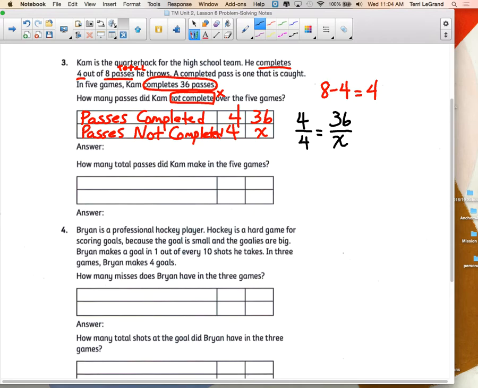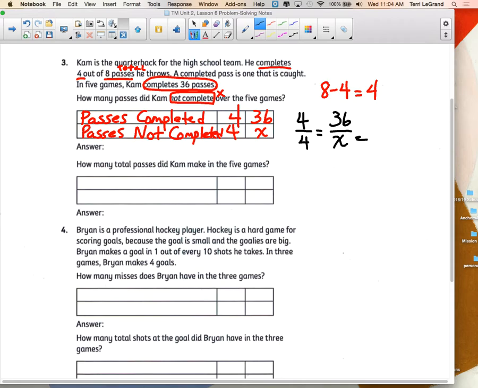Because what's 4 over 4 equal to? 1. And what's 36 over 36 equal to? 1. Yeah. So, do we really have to work very hard at this one? Unless you're not convinced. Anybody not convinced? You want to go through all the work?